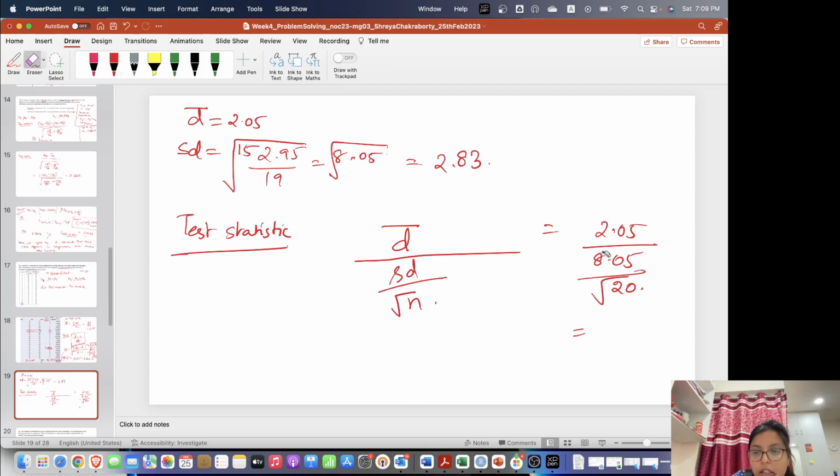So this one will be 2.83, and the final answer will be 3.231.